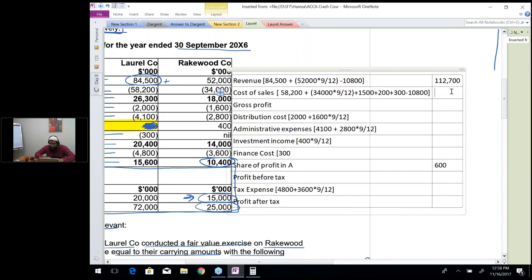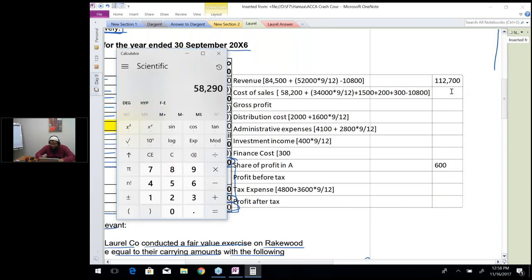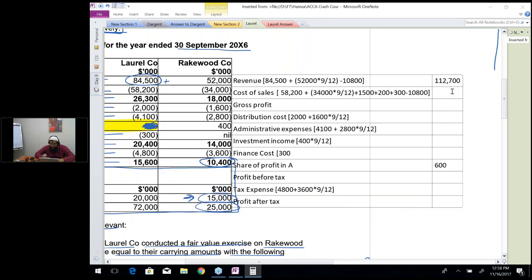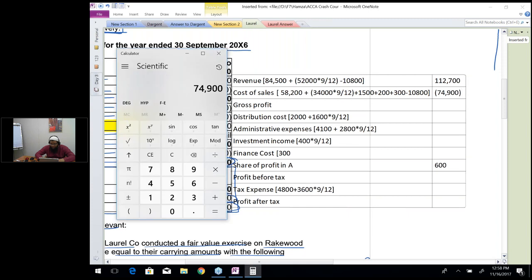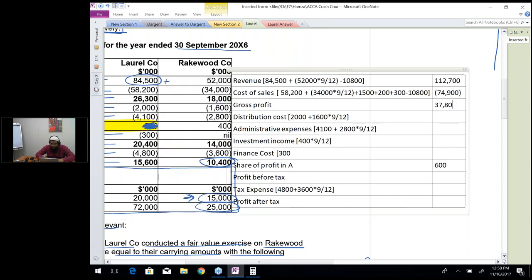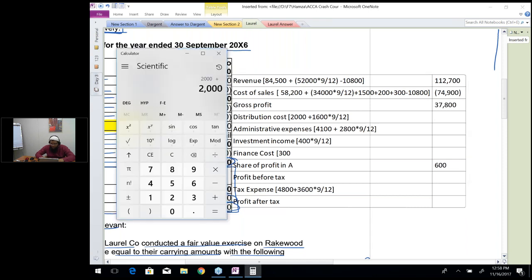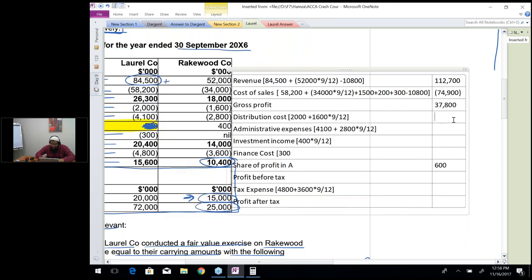And then we have cost of sales as being 58,200 plus 34,000 into 9 by 12 plus 1,500 plus 200 plus 300 minus 10,800, which is going to be 74,900. So 112,700 minus 74,900 is going to be 37,800. Then 2,000 plus 1,600 into 9 by 12 is going to give us 3,200 negative.